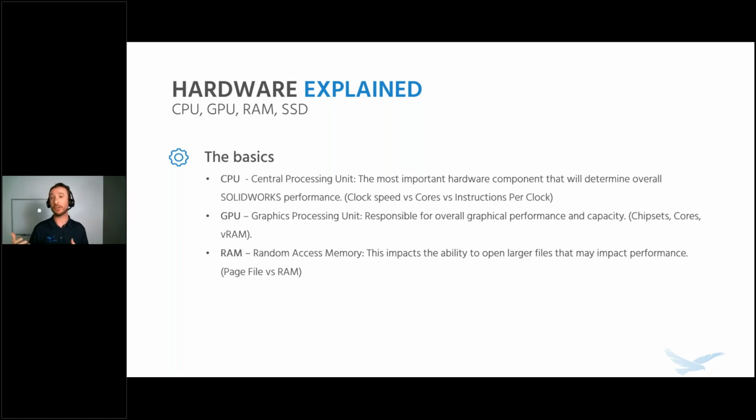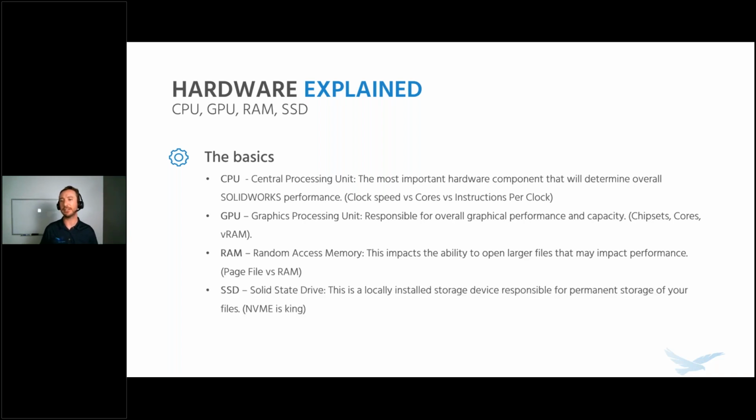You don't generally want that to happen, because that's going to start slowing you down. So essentially, you just want to have enough RAM to be able to open the largest data set that you might have, and you can analyze that on your system to see how much you're using. I'll talk about that on the next slide.